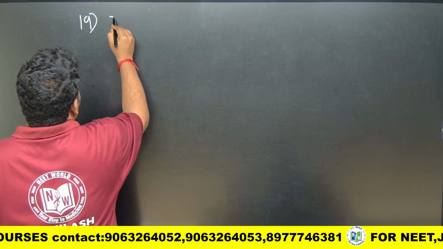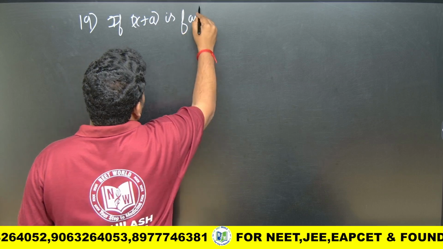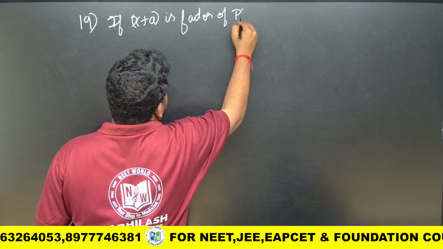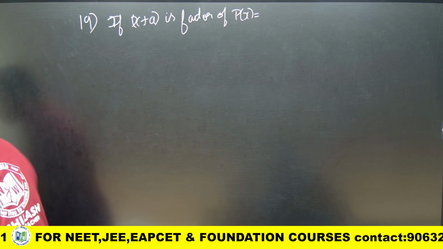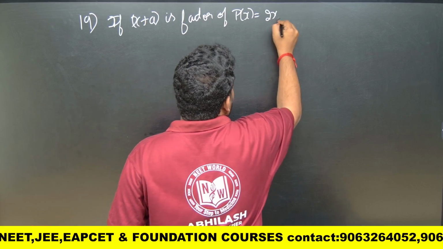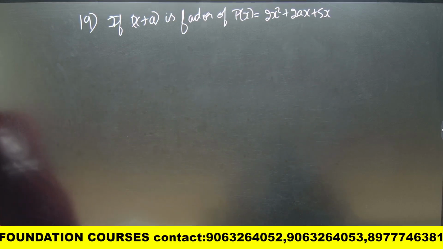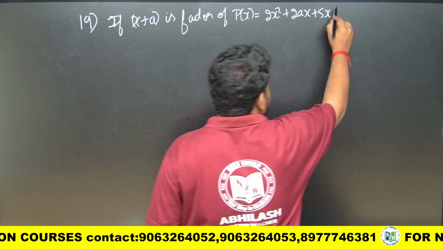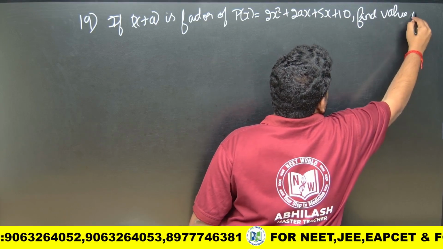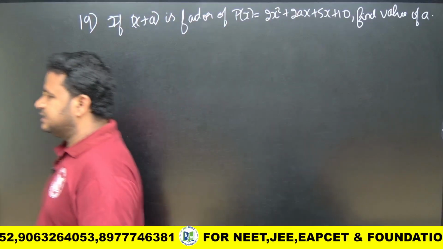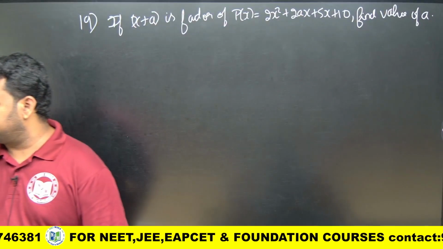They are telling, if x plus a is a factor of the polynomial p of x equal to 2x square plus 2ax plus 5x plus 10, find the value of a. They are asking us to find the value of a. This is the question that they are asking.